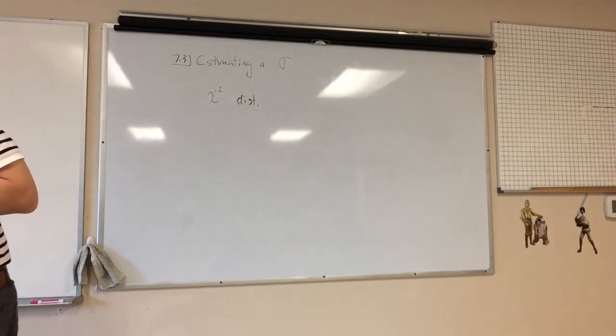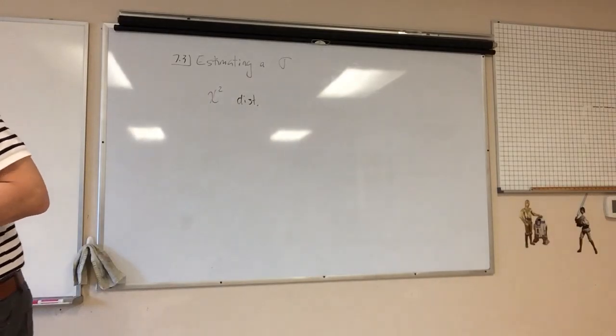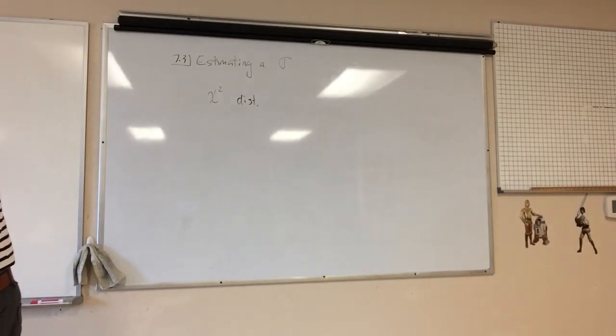Okay, caution. Table A-2 is for the standard normal distribution. A-4 is where the chi-square distribution is. So let's take a look at that. A-4 is on page 690. It actually starts at page 688, I'm sorry. Go to page 688.